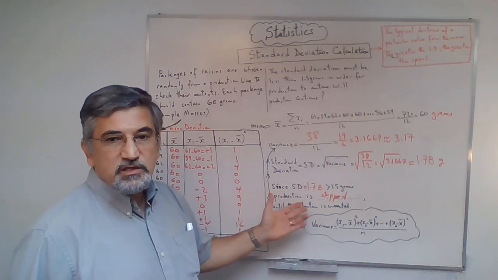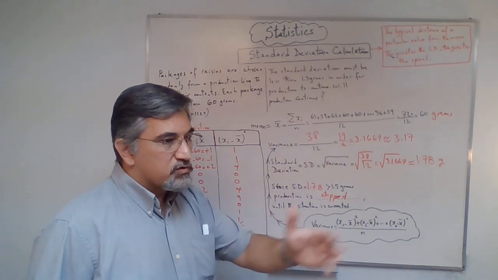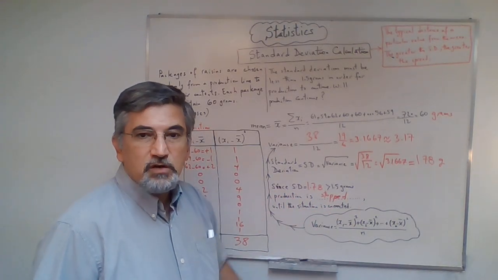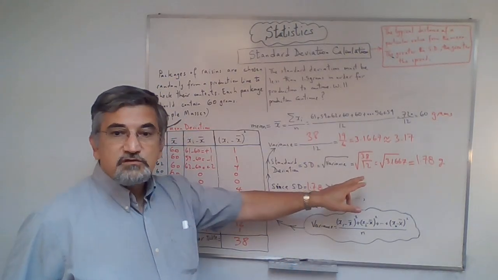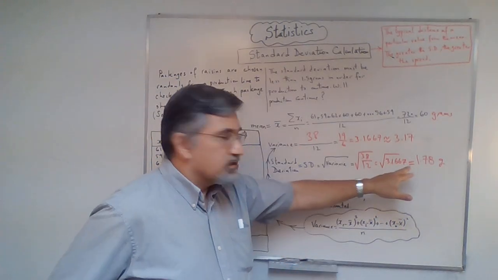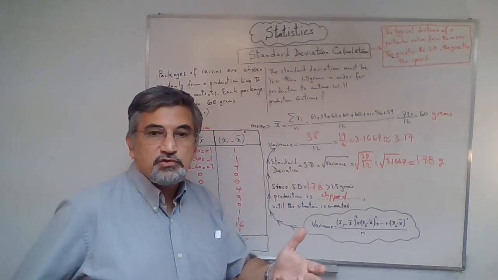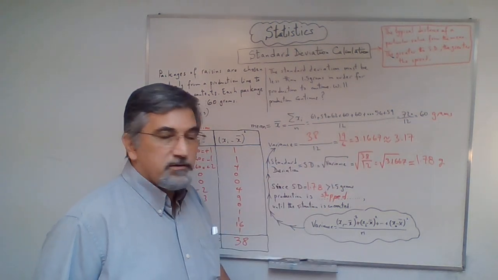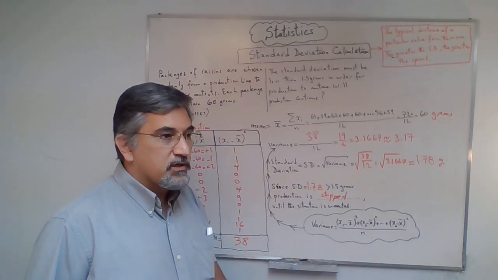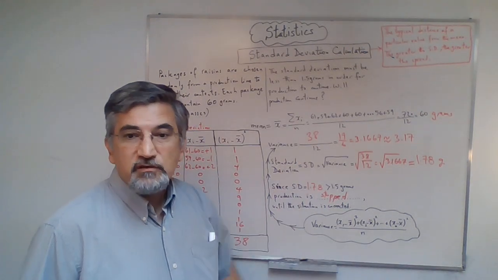But right now, it has to be stopped, and there's something wrong in the production line that has to be fixed. So you see the value of calculations and the numbers. And of course, everything translates into dollars. Maybe it will cost the owner of the factory thousands of dollars. Who knows?